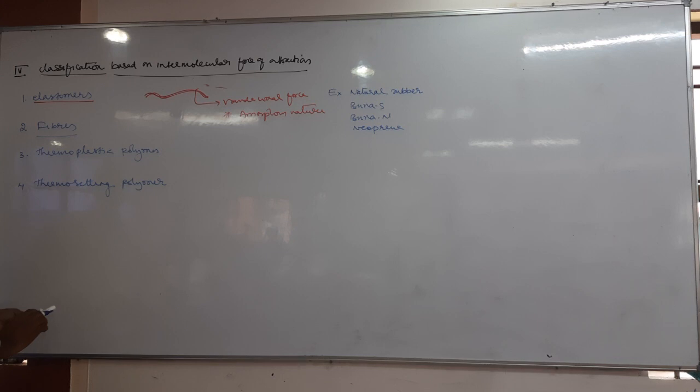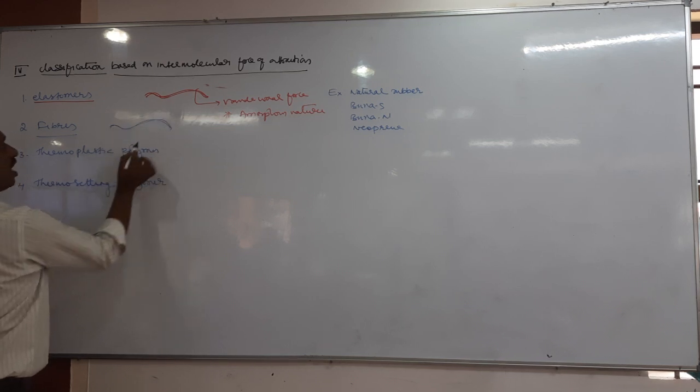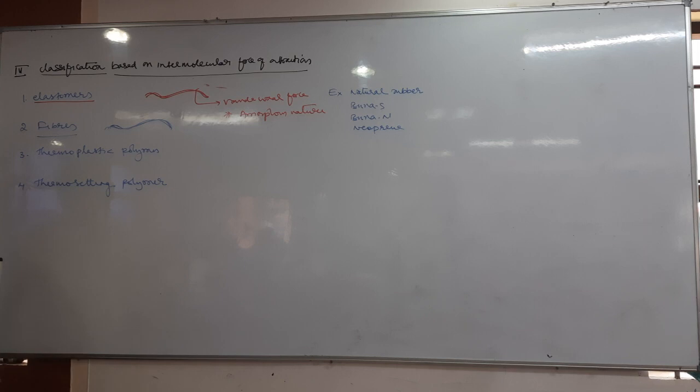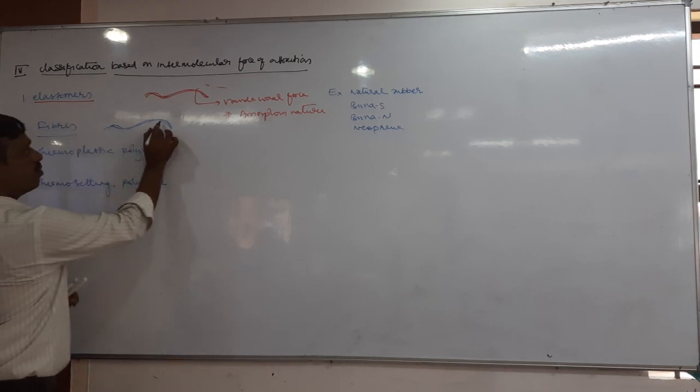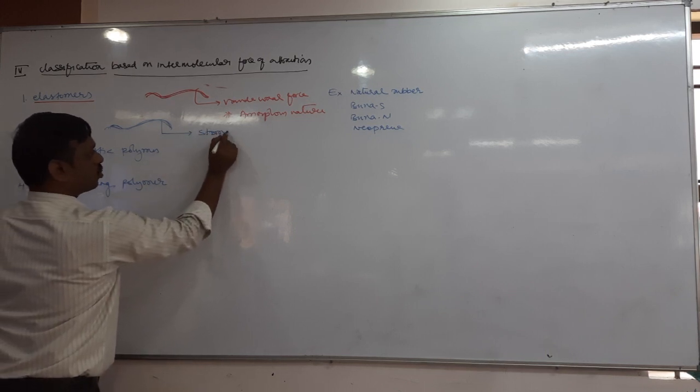Next, second one is fibers. Now tell me, in case of fiber, these are the polymers having thread-like structure. But the important point is, these polymer chains are held together by strong hydrogen bonding. That means in between the polymer chains, they are having strong hydrogen bonding.